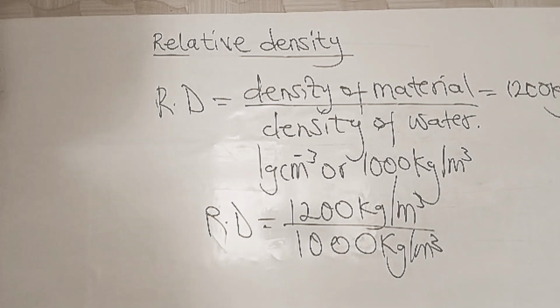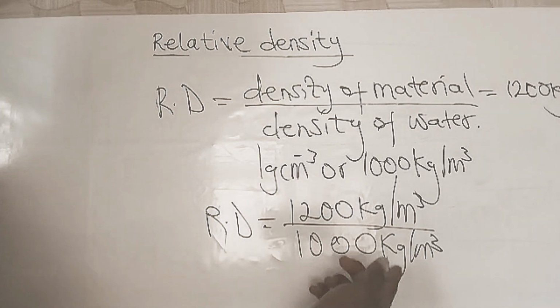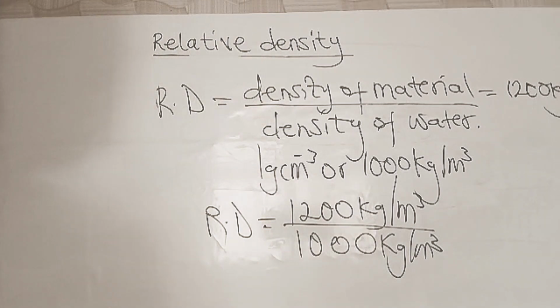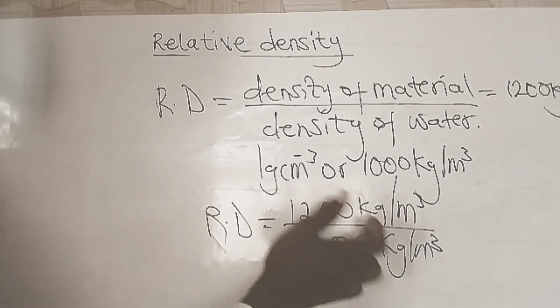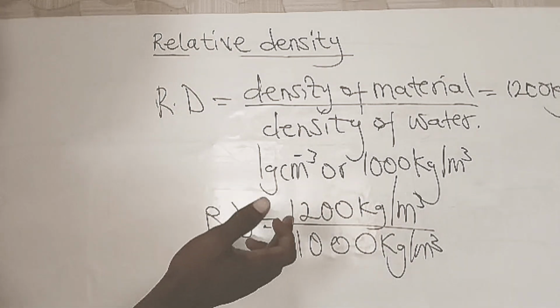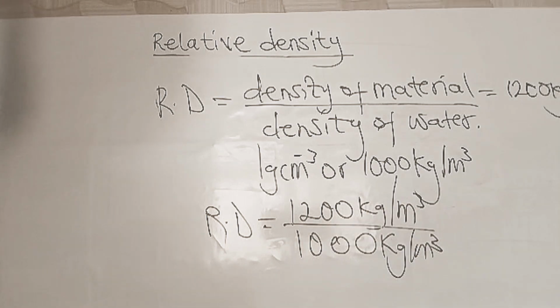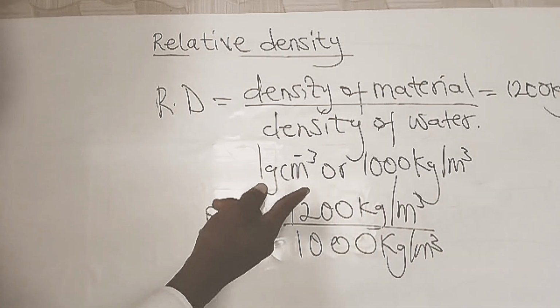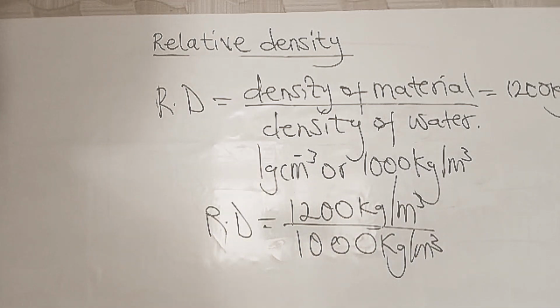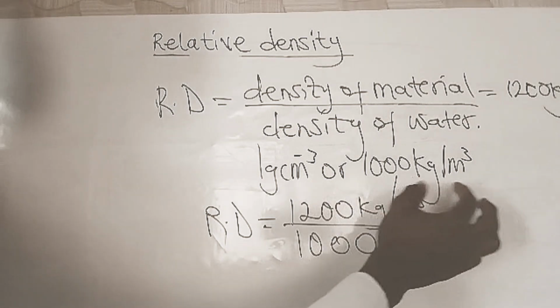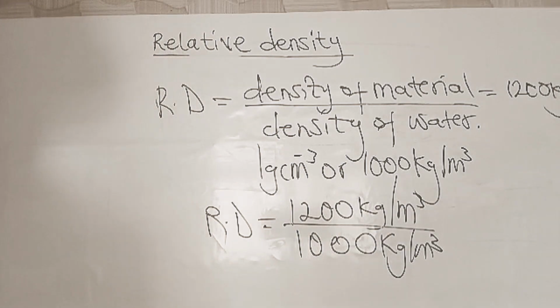You realize that the units here are the same as the units there. You can't take it in a way that the units will be different. So if the density of the material is given in grams per centimeter cube, we use 1 gram per centimeter cube as the density of water. But if it is given in kilogram per meter cube, you take 1,000 kilogram per meter cube as the density of water.